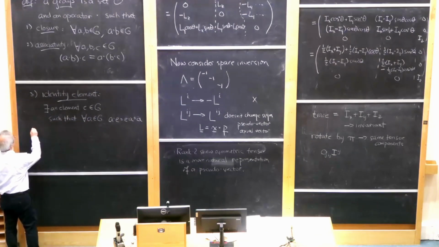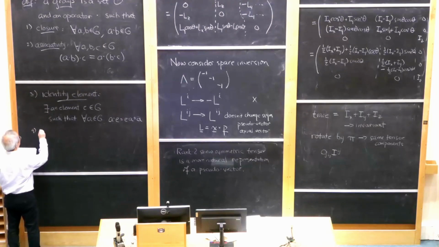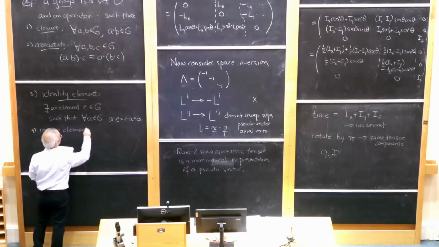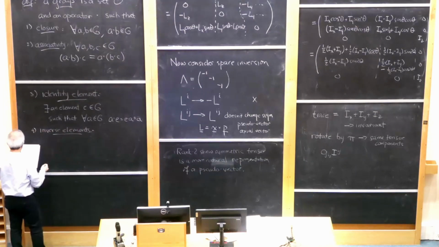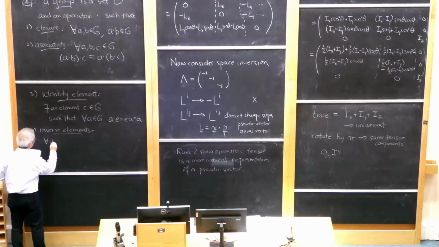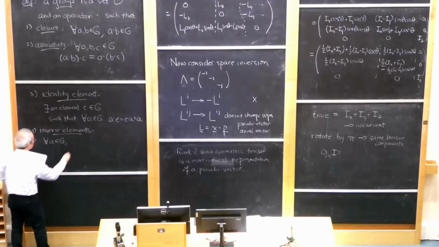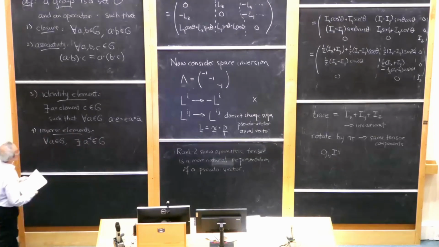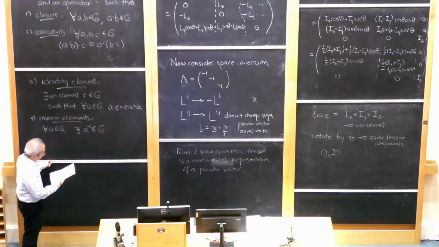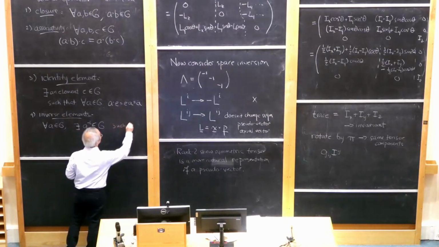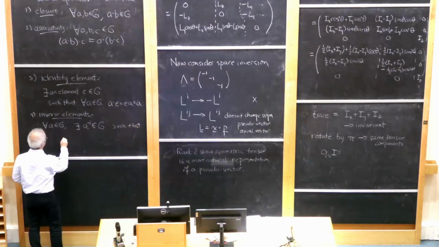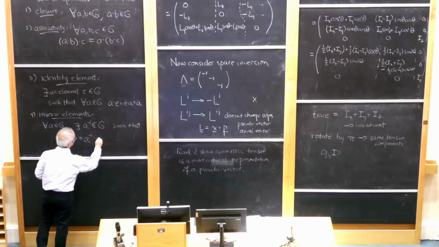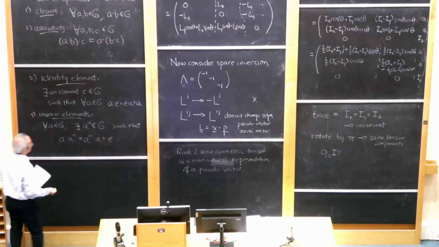Okay, and the fourth one is the inverse element, or inverse elements, since there are more than one. So for all A, there exists another element which we will call A inverse, A with the -1 there, such that A dot A inverse is equal to A inverse dot A is equal to the identity element.